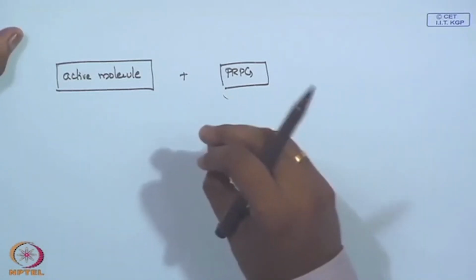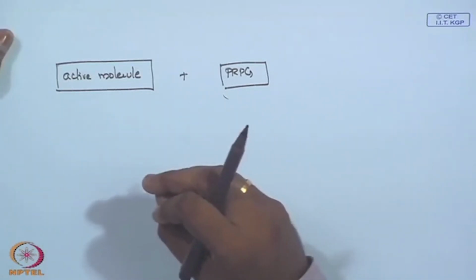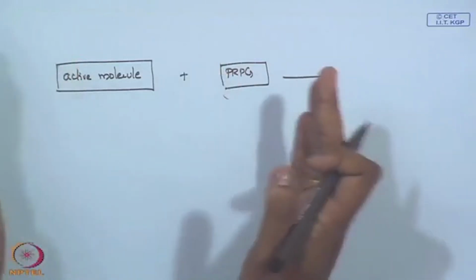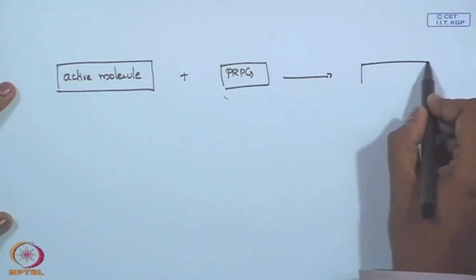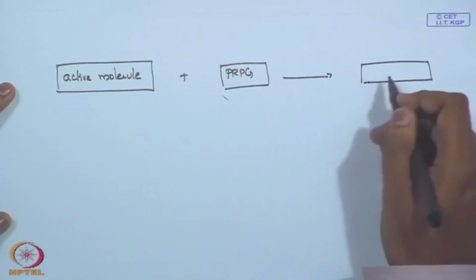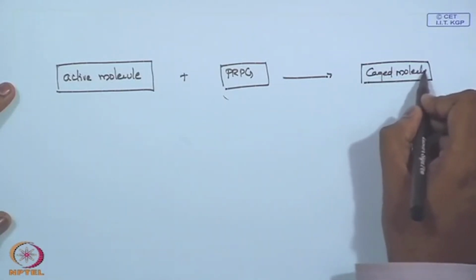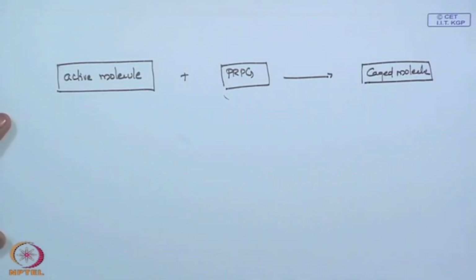Keeping all those points into consideration, you can select your photoremoval protecting groups, and several are even being designed nowadays. Now what you do is add them covalently. In most cases you attach them covalently, and in photochemistry they are called caged molecules. You take the active drug, attach it to a photoremoval protecting group, and you call it a caged molecule. Clear?